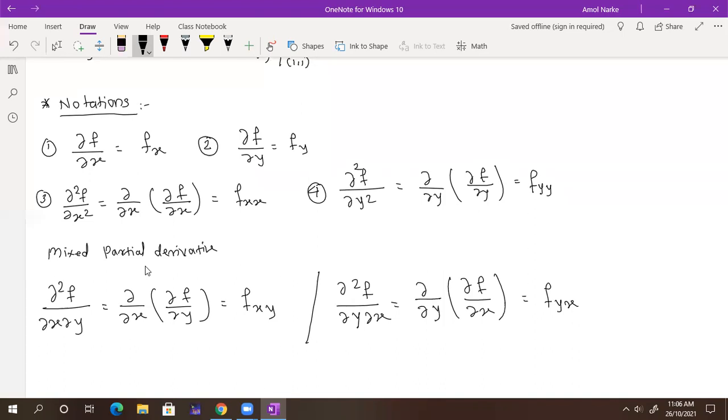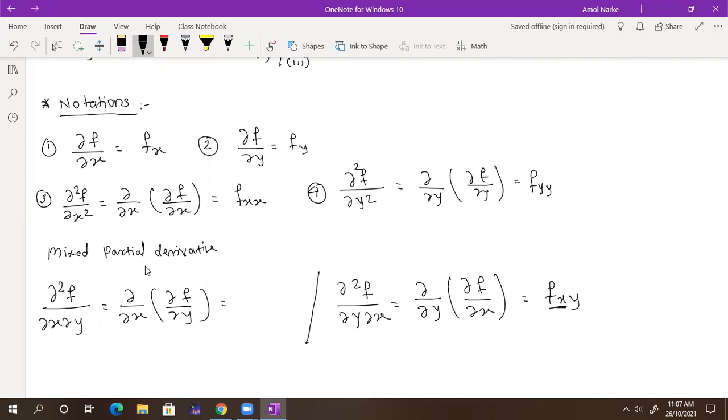Everyone got this? Here, fxy is nothing but differentiating with respect to x first. The meaning of that is: first you differentiate with respect to x and then with respect to y.